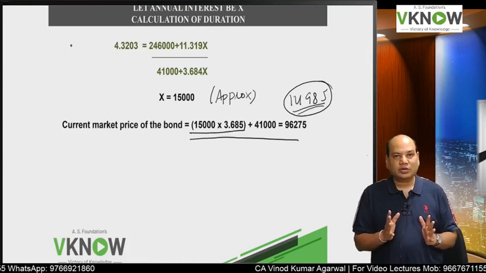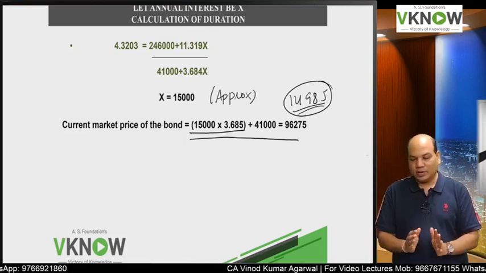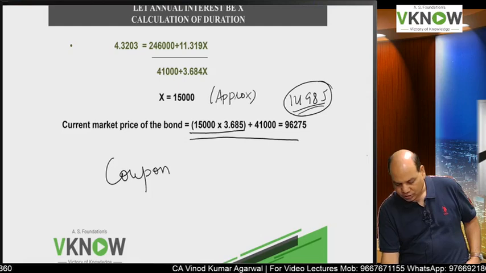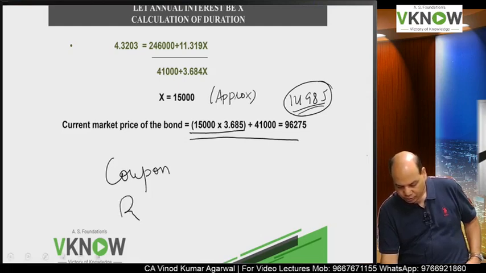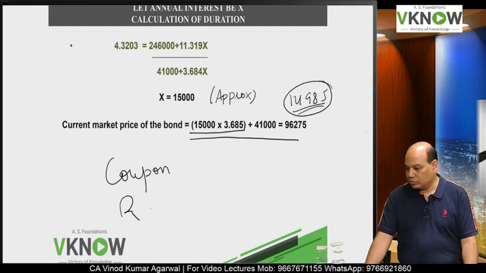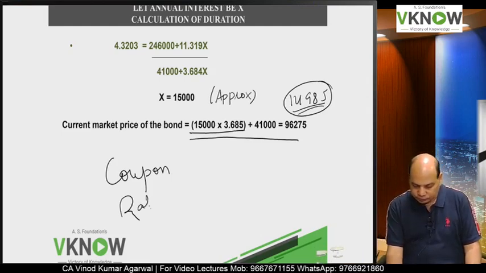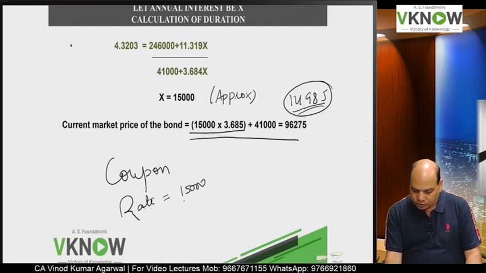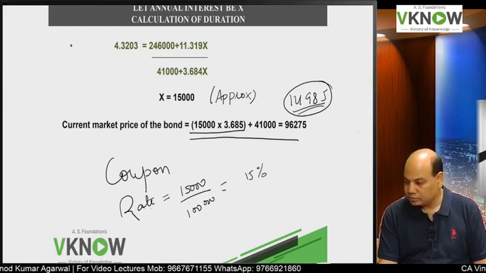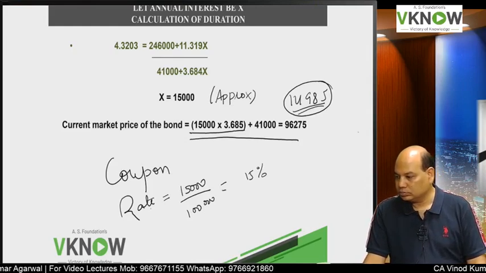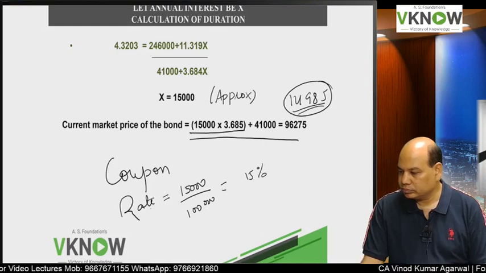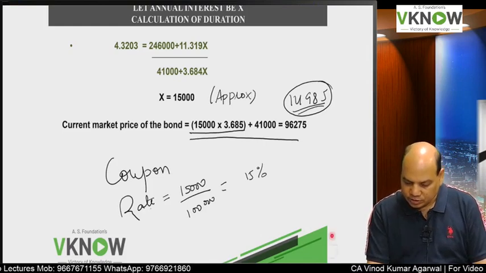And if they ask you the coupon rate also, then the coupon rate will be 15,000 divided by 1 lakh, which is 15%.